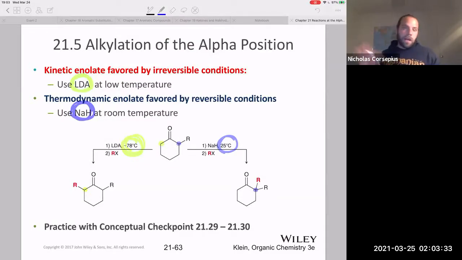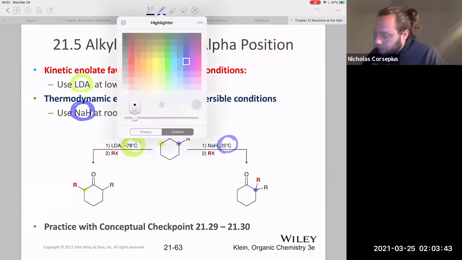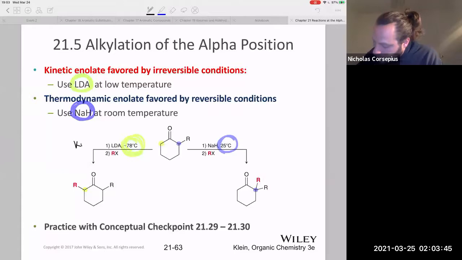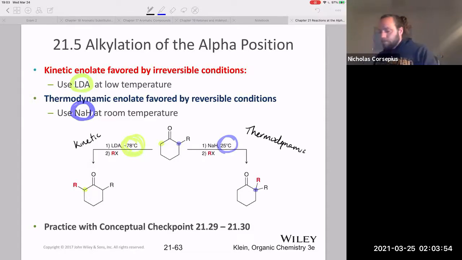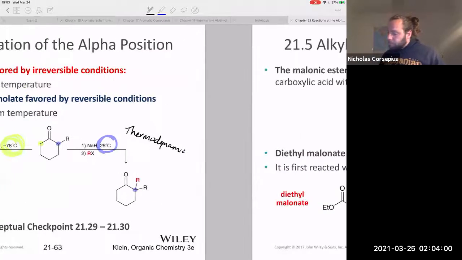So the choice of base is going to depend also on whether or not you want the kinetic product or the thermodynamic product, right? And so again, low temperatures favor the kinetic product, high temperatures favor the thermodynamic product. Okay, so there's some regioselectivity to these alkylation reactions.